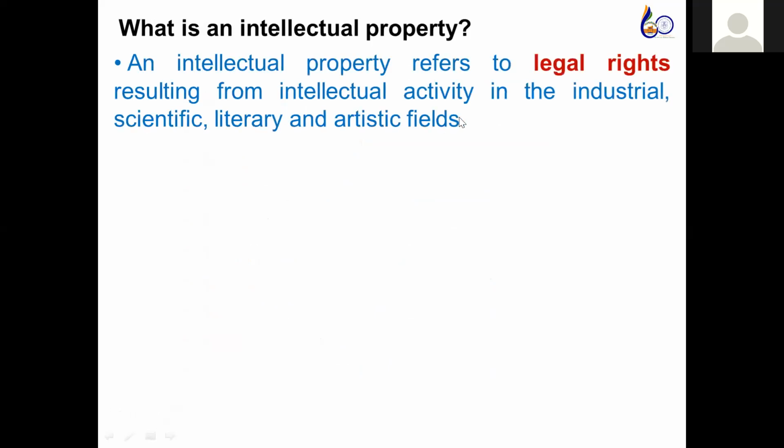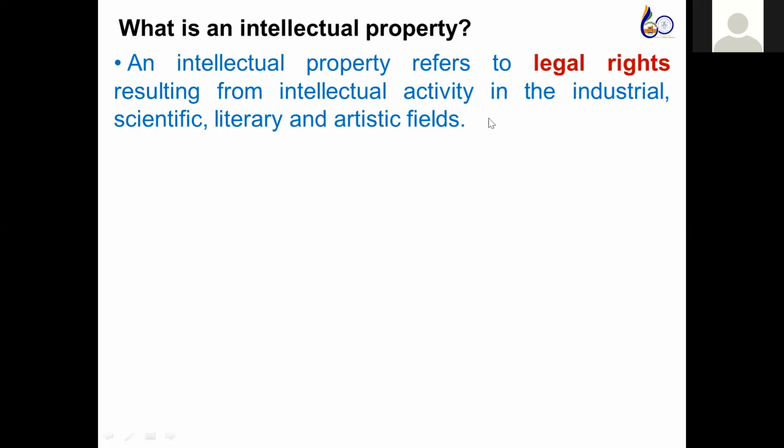And IPR, intellectual property rights, refers to the legal rights. Legally, what rights can you acquire, which could be for industry, for scientific articles or literary, artistic fields. It can cover many things.